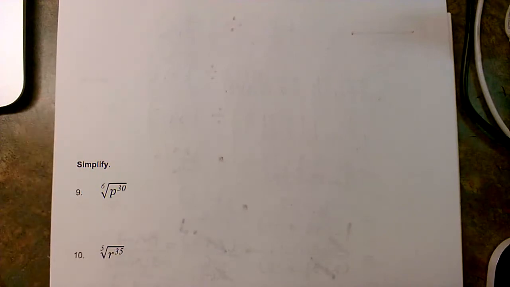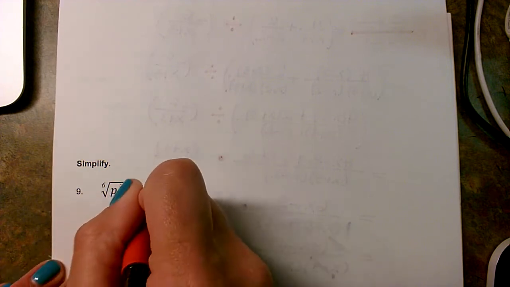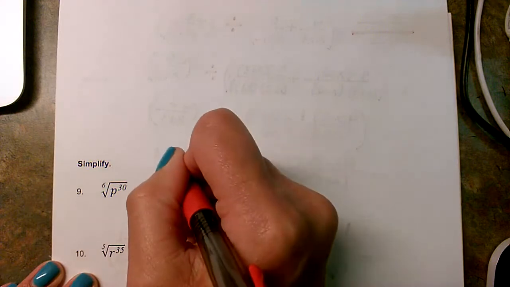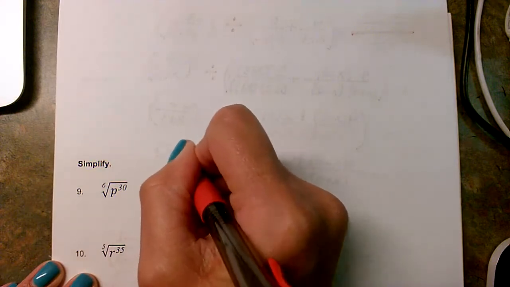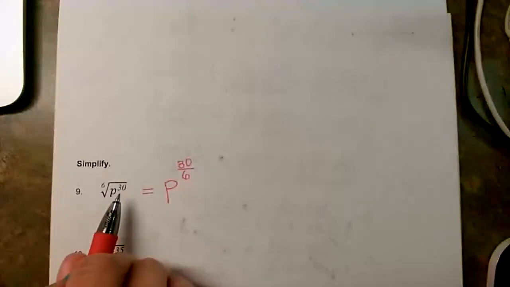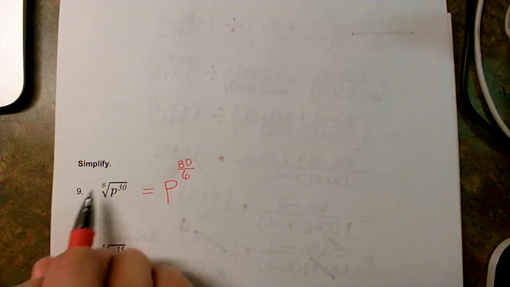All right. Now, let's do this one. Okay, so simplified. You know this is going to be, P will be what? 30 over 6. Don't forget, the exponent is the numerator and the denominator is the index.